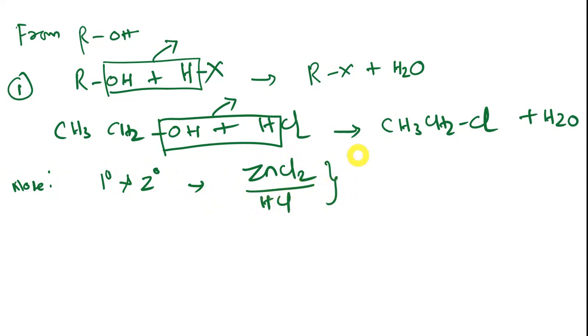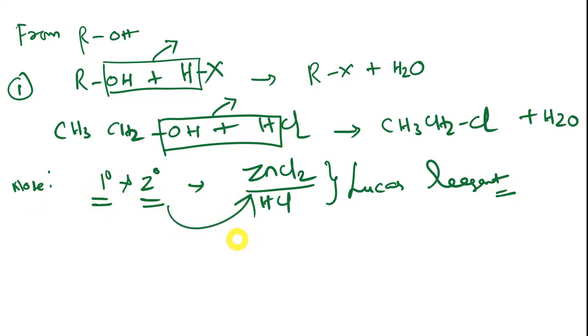This is called Lucas reagent. Primary and secondary alcohols only react with the halogen acids in the presence of ZnCl2, right? But tertiary alcohols, no need of Lucas reagent.